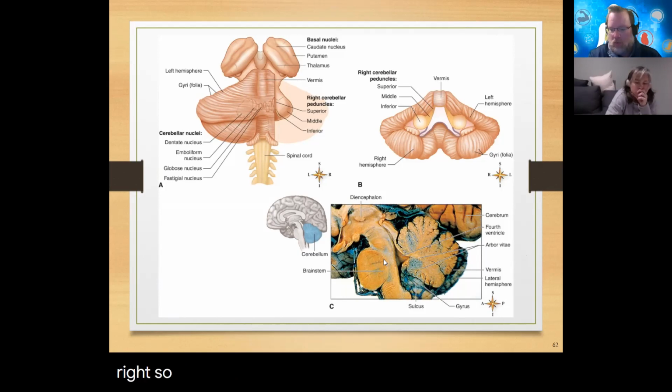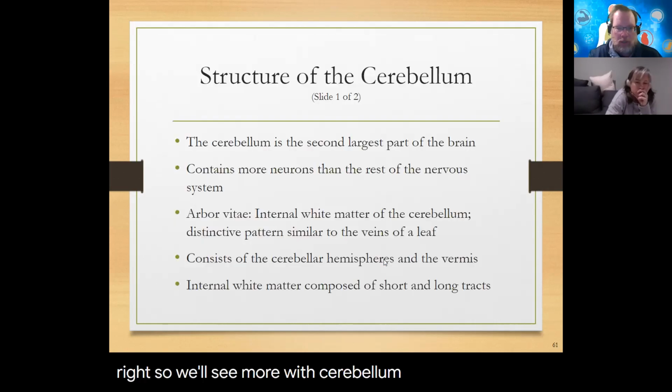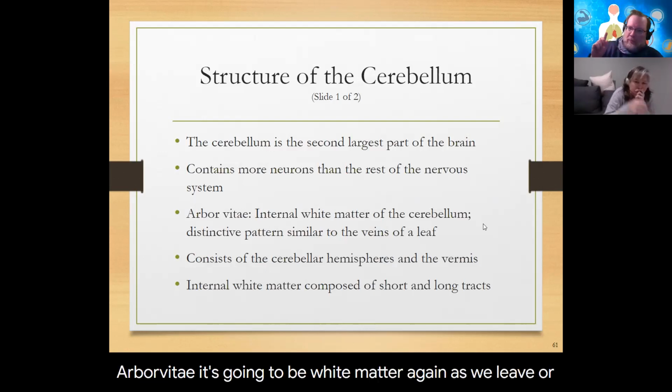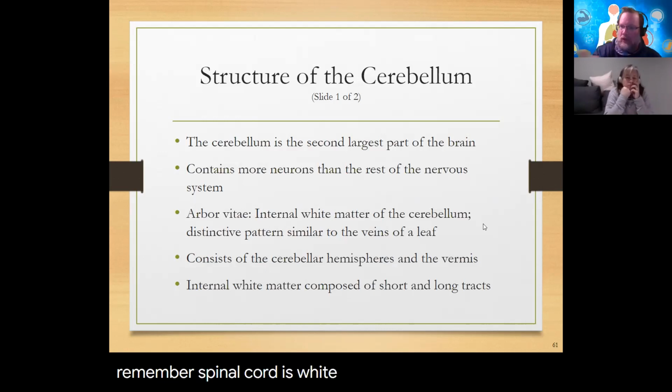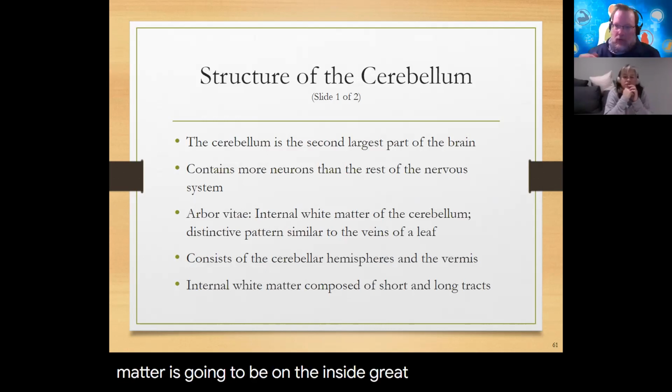All right, so we'll see more with the cerebellum as we go. There it is, arbor vitae. It's going to be white matter. Again, remember, spinal cord is white matter surrounding gray matter, right? So white matter is on the outside with spinal cord, but as we go into the brain, we get a switch. Now white matter is going to be on the inside, gray matter on the outside.